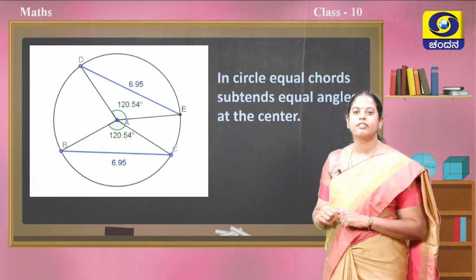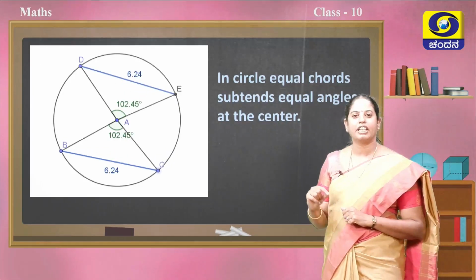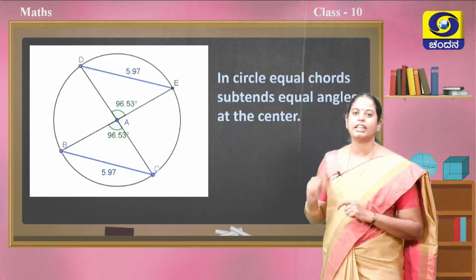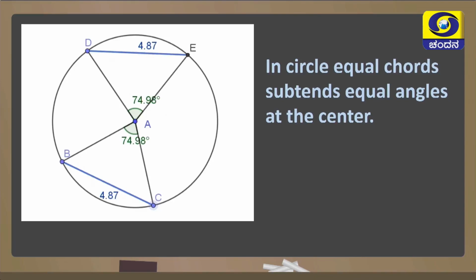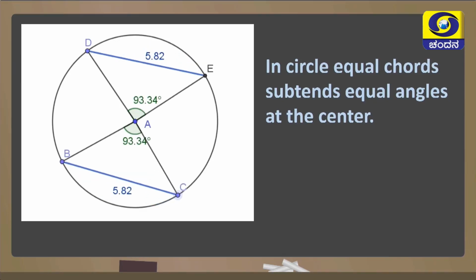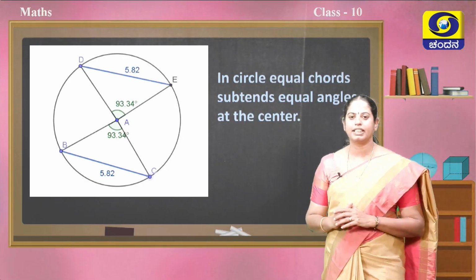Observe the video: even as the length of the chord changes, both are equal chords only, and they are subtending equal angles at the center, children. In a circle, equal chords subtend equal angles at the center. This we have learnt in the 9th standard.